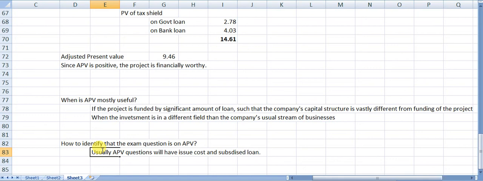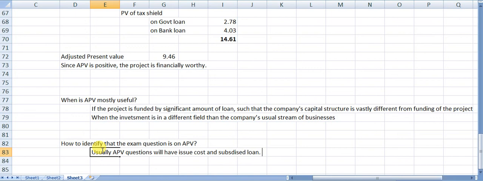Guys, now we have done many investment appraisal questions. We never had issue cost, right? We never had subsidized loan, right? So this issue cost and subsidized loan are special features of usually APV questions.